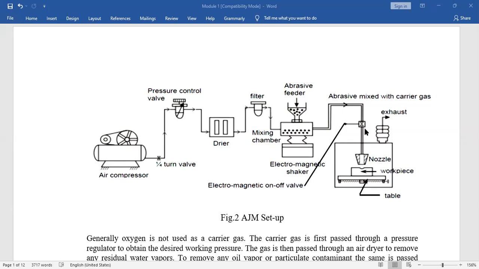When a very high amount of compressed gas with abrasive particles falls here, it will go into the atmosphere also, and if it is inhaled by an operator, there will be problems in breathing, and some cuts as well. That is why abrasive jet machining is done in a closed chamber.